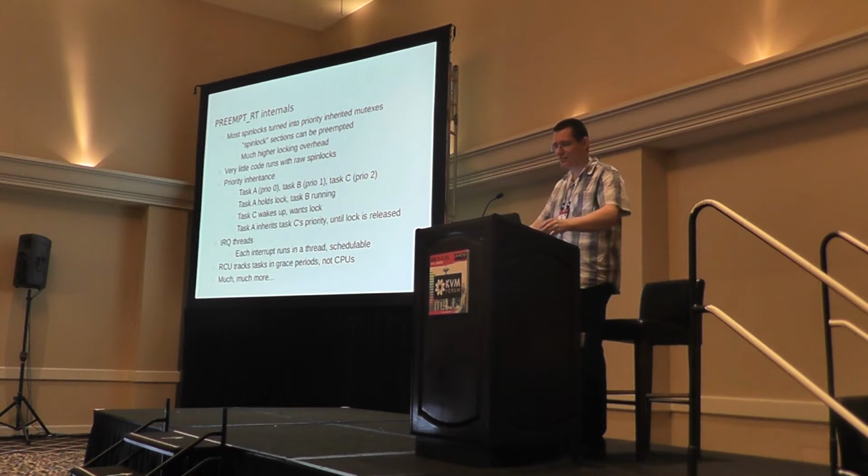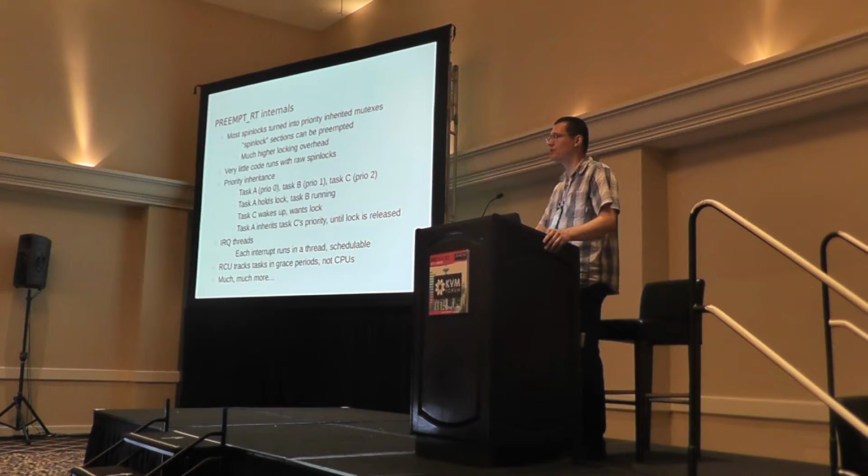The preempt RT code turns spin locks into priority inherited mutexes, which means that for every lock in the system, not only can the task that is holding the lock go to sleep and wake up again later, we also keep track of who wants the lock and who currently has the lock.